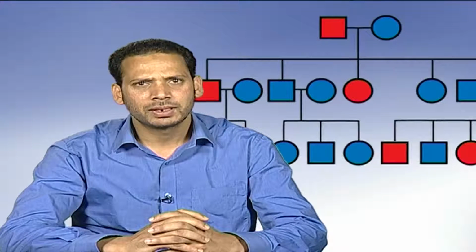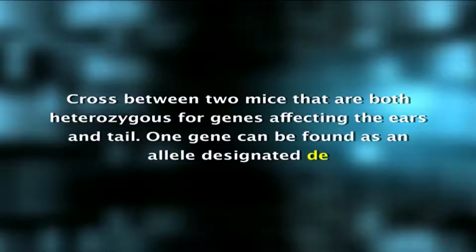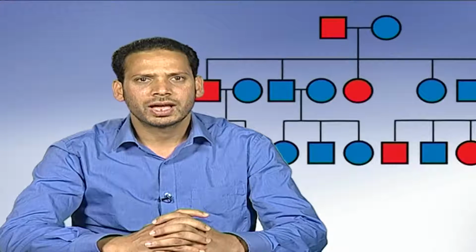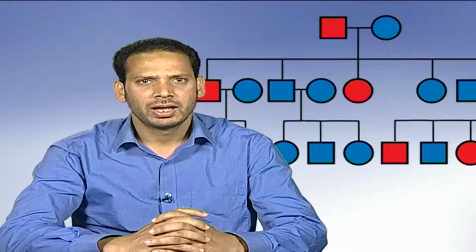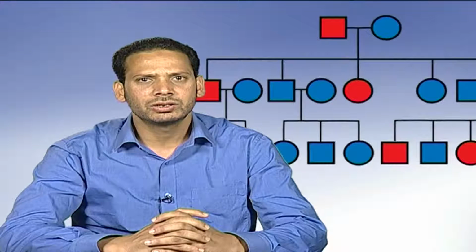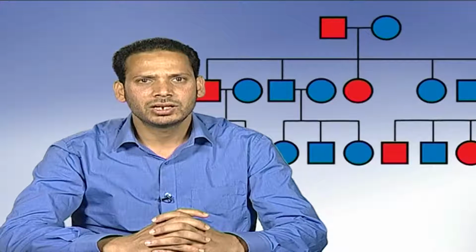As an example, let us consider a cross between two mice that are both heterozygous for genes affecting the ears and tail. One gene can be found as an allele designated as de, which is a recessive allele that causes droopy ears. The normal allele is DE. An allele of the second gene causes a crinkly tail.